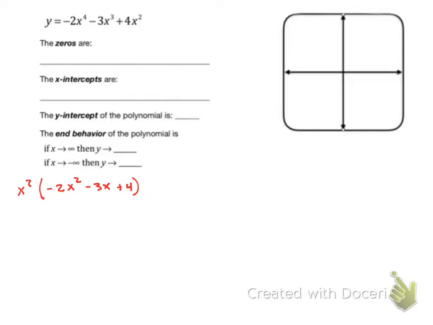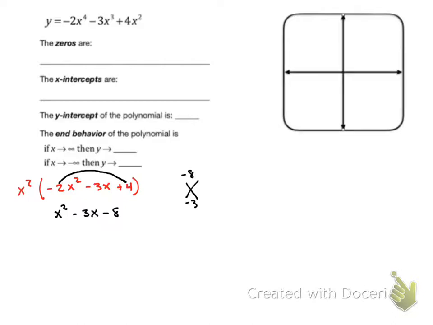So my a is not 1, so I can't go to doing the diamond yet. First we have to multiply these out. So we'll have x squared minus 3x minus 8. Now when we do our diamond, we ask ourselves what multiplies up to negative 8 and adds to negative 3.